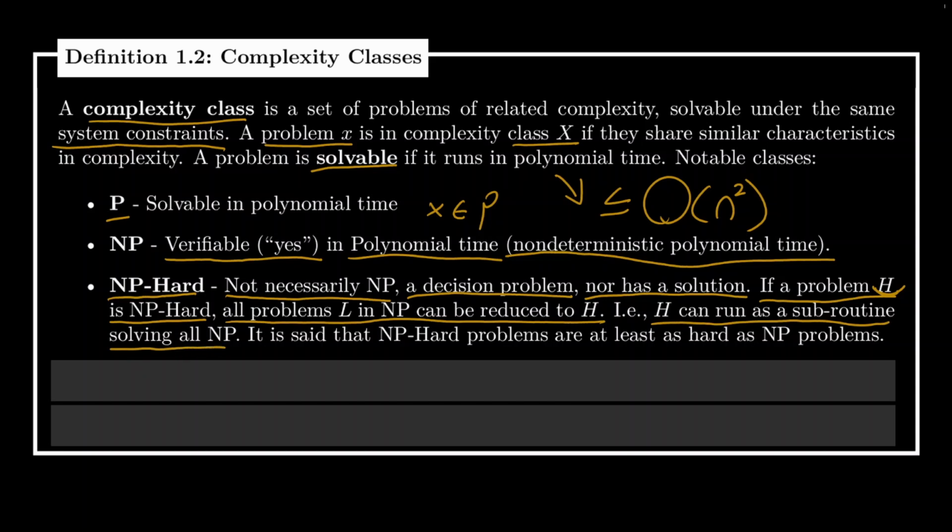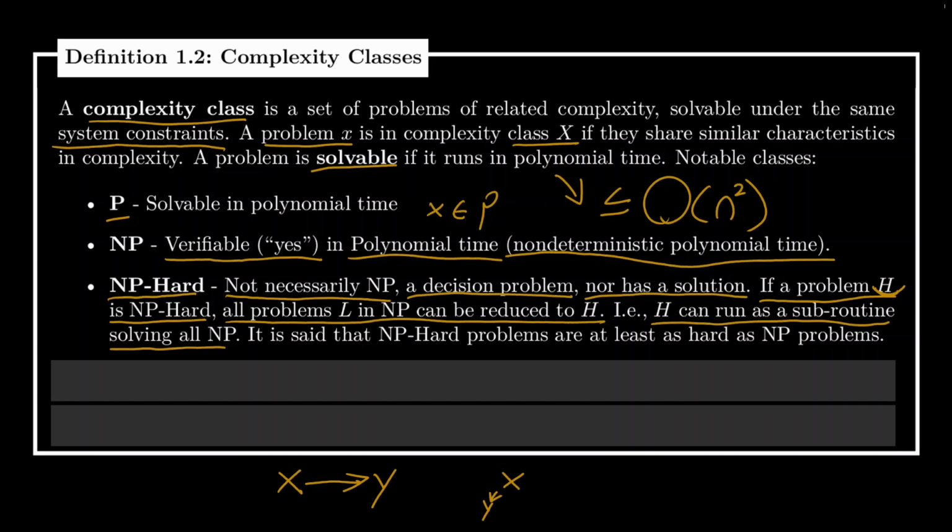So what does this mean? If we say that X can be reduced to Y, that means X can be solved by a subroutine using Y.